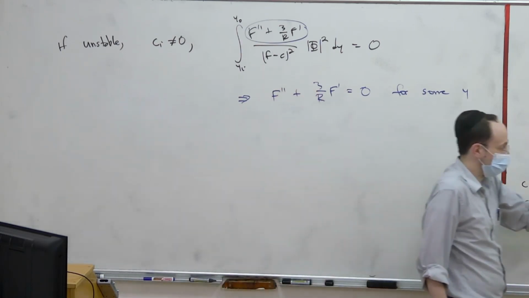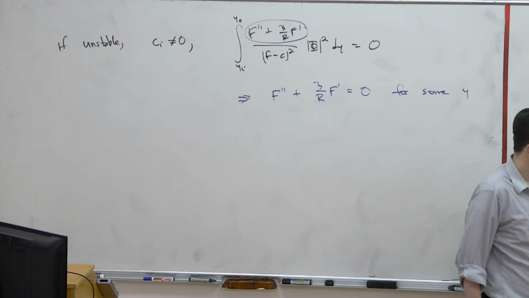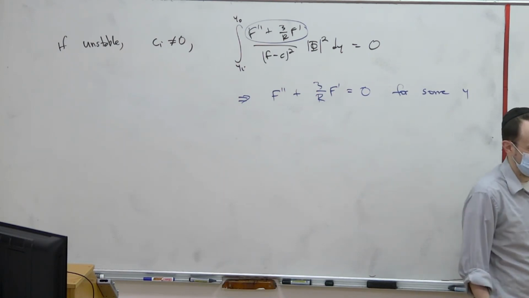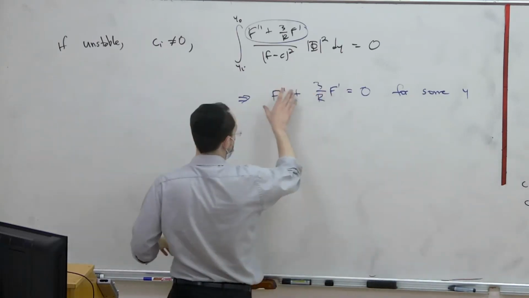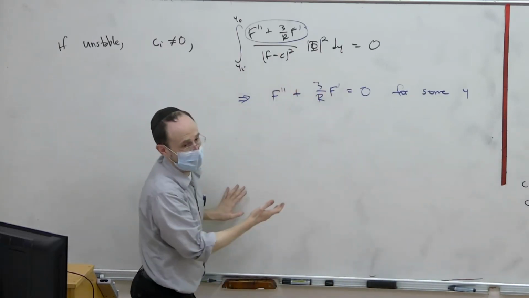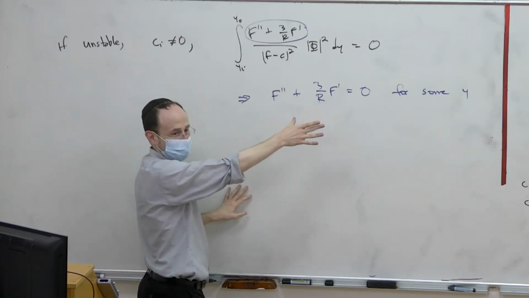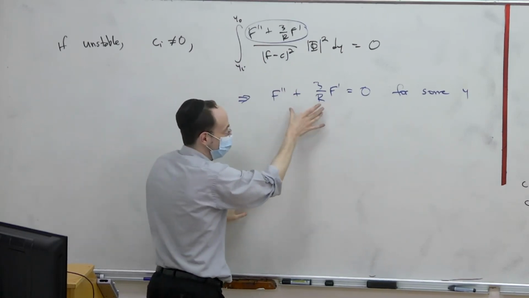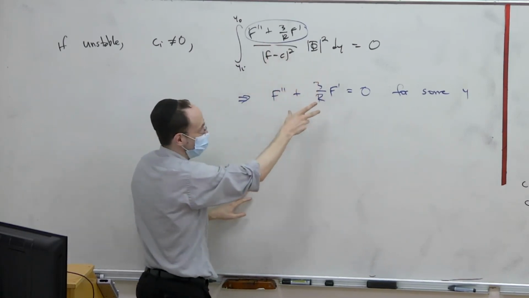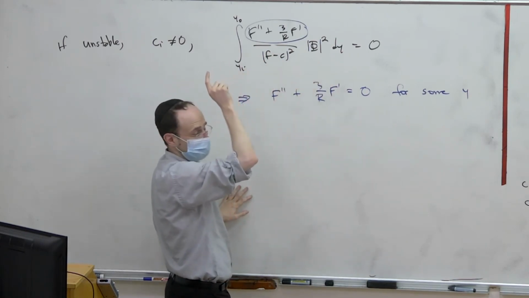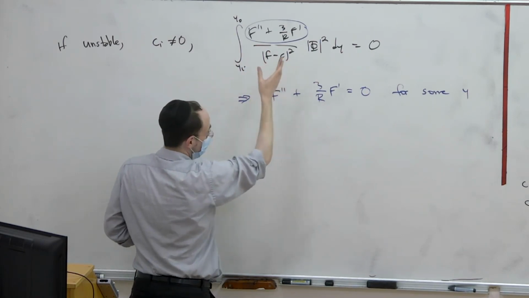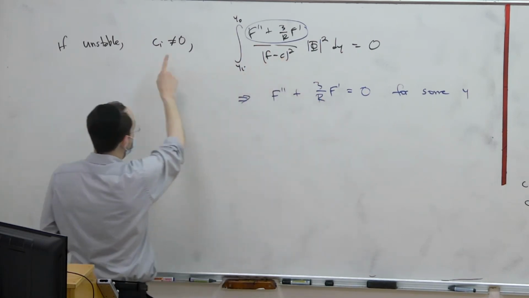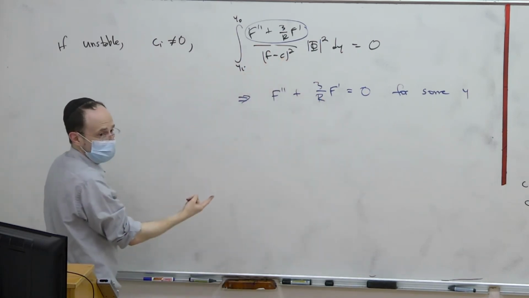Or 0. It can both be 0, right? c_i can be 0 also. So the fact that this is true doesn't mean the integral is equal to 0 just because this is equal to 0, right? This is just a necessary condition for that to be equal to 0. So if this is true, it's not necessarily true that the integral is equal to 0. But moreover, if this is true, it could be that c_i is also equal to 0.